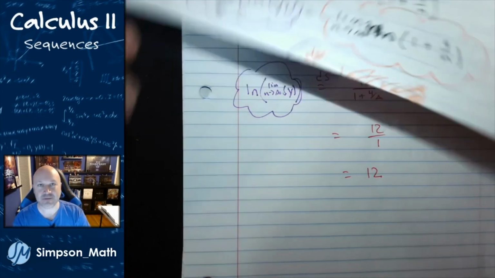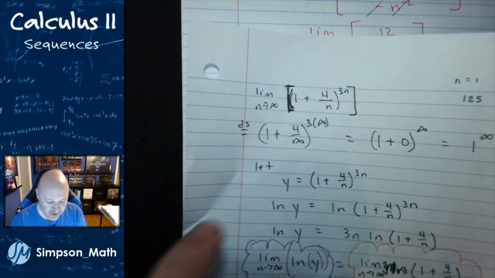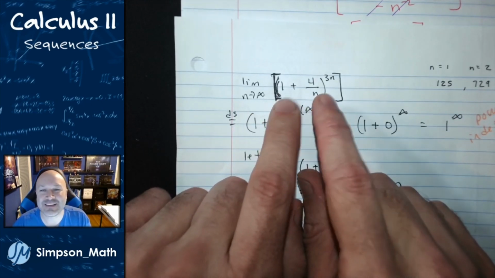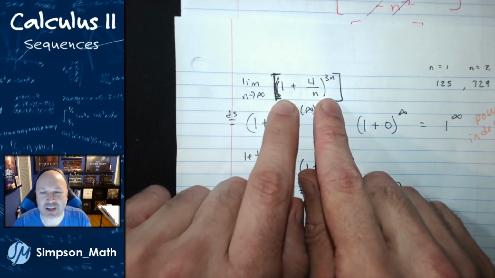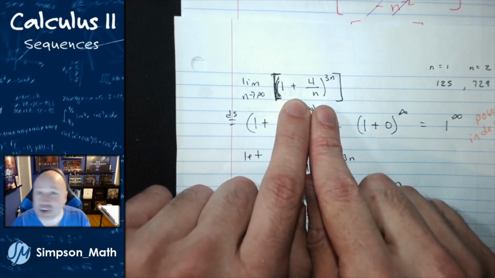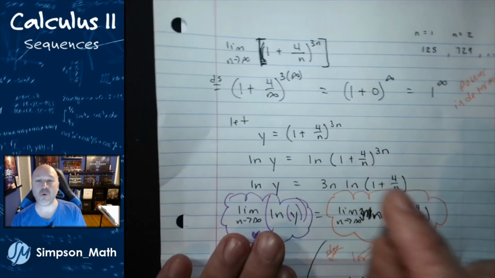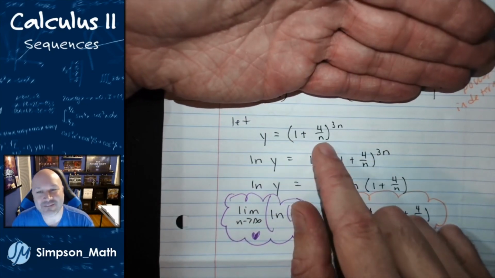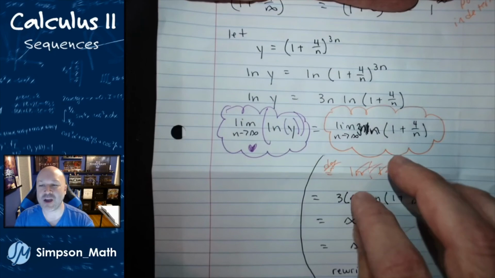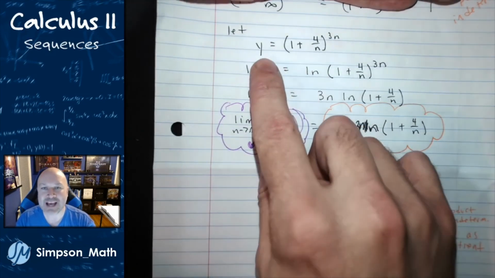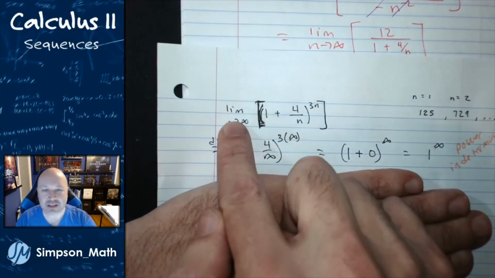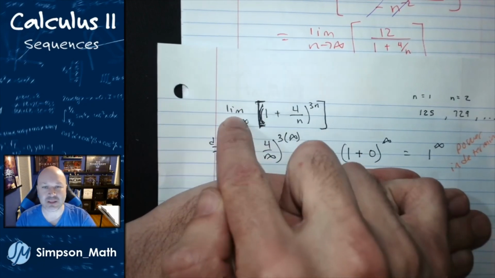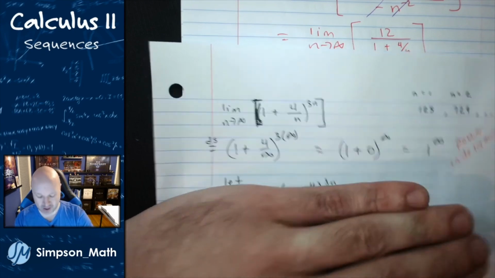Let's not forget that our original quest was to find the limit of this thing as it went to infinity. And we said, no, I don't want to do that. What I want to do is instead talk about y being that function and playing around with it. Well, my task was to find the limit as n goes to infinity of y. This is y. So the limit as n goes to infinity of y.